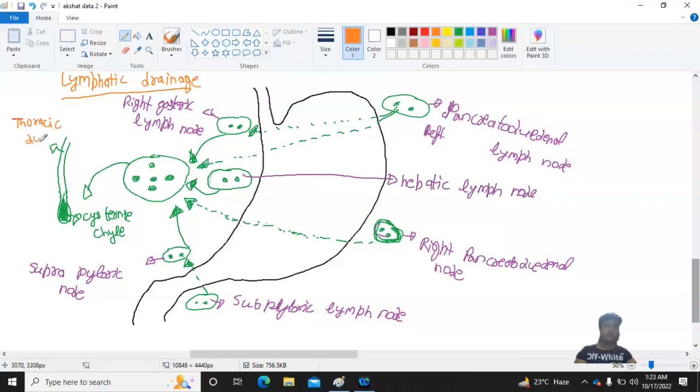From the thoracic duct, this drains into the subclavian vein, basically the junction of the subclavian vein, the left side junction of the subclavian vein.